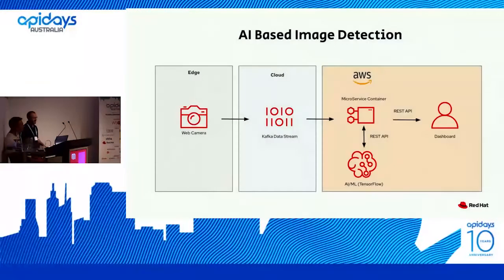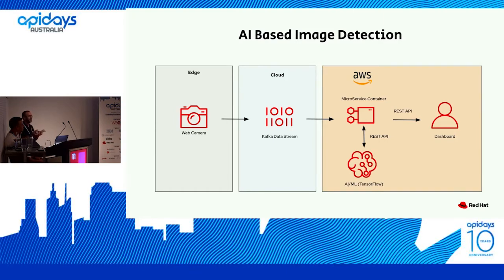So this is actually a high-level architecture of the first part of our demo, using my webcam on the left to capture an image through my laptop. And I need to connect my edge-based application that captures those images to my AWS application on the right that's going to consume those images in real time.